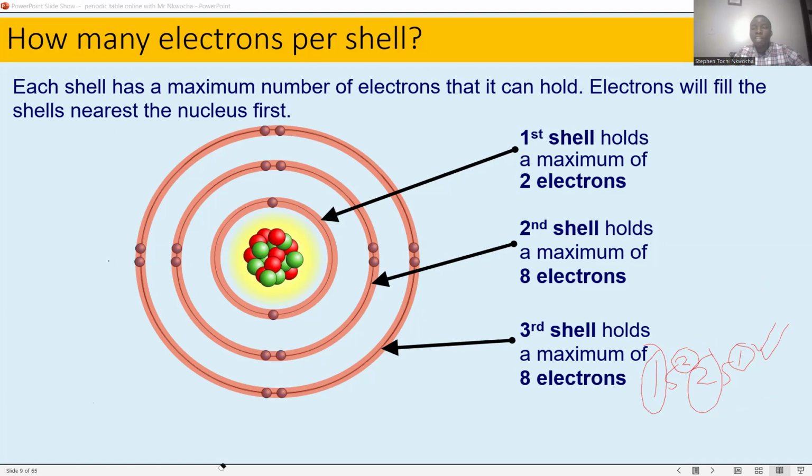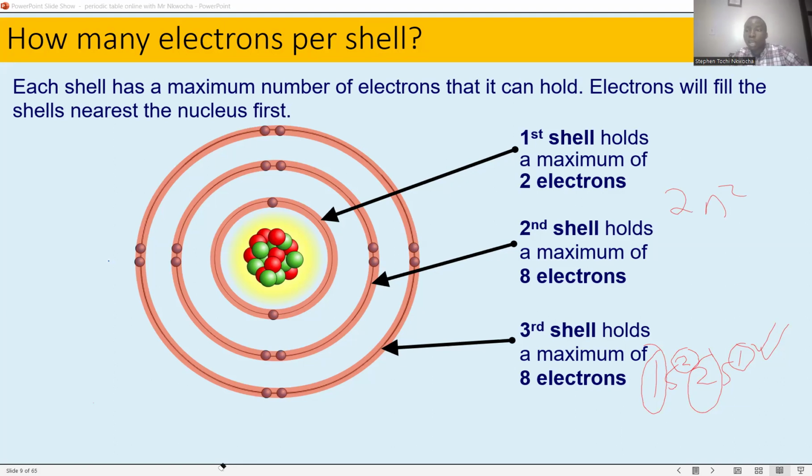So how do I know how many shells are in a given atom? Well, you can just distribute using this formula, 2n squared. n tells you the principal quantum number. That's what n represents. It's just telling us the energy level.